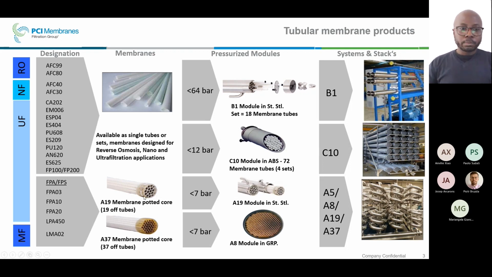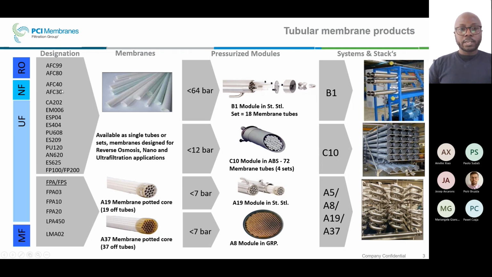So starting from the bottom, we have the microfiltration membrane, which is basically the most open membranes that we have on the market, the LMAO2, which is based on 0.2 microns pore size. Then moving forward across a number of ultrafiltration membranes from LP450 to CA202, basically moving around the 450,000 Dalton to 2,000 Dalton membrane type, to then moving across the nanofiltration membrane.